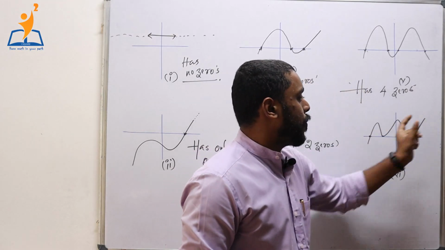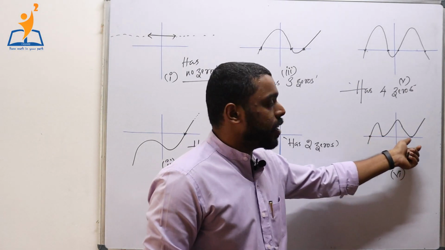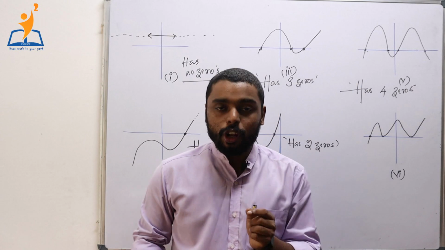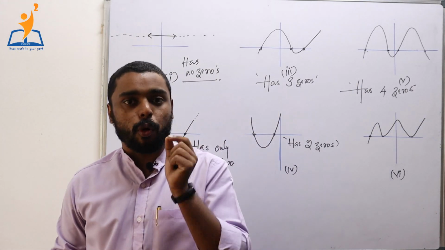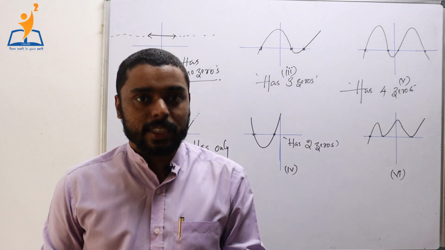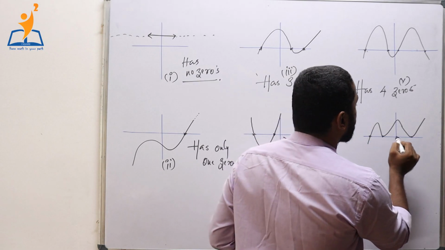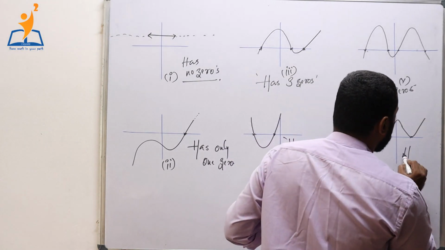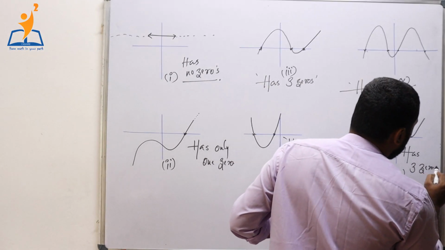Then the graph ends. Here the graph crossed the x-axis once and touched twice. A polynomial has a zero when the graph of the polynomial touches or crosses the x-axis. Here we have 1, 2, 3 such points. Hence this polynomial has 3 zeros.